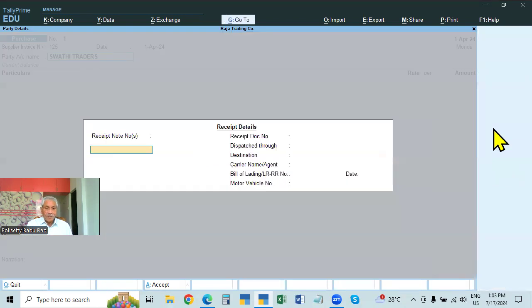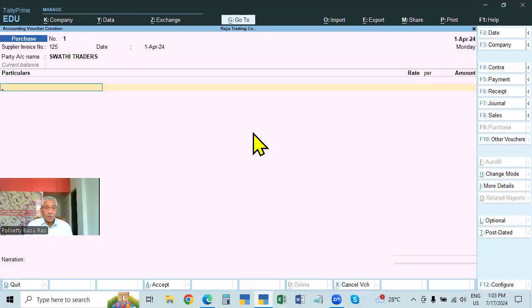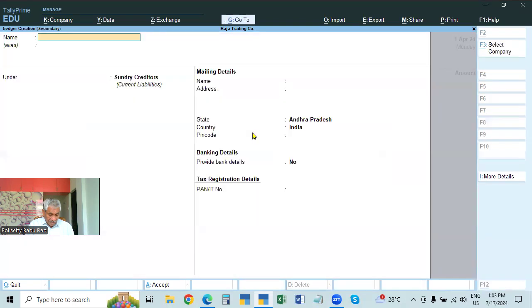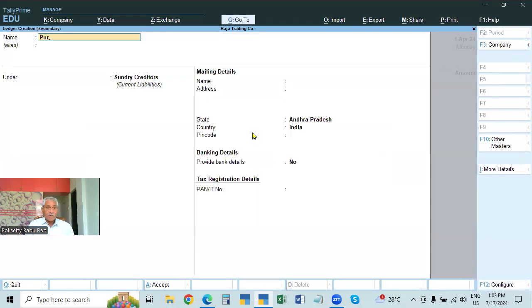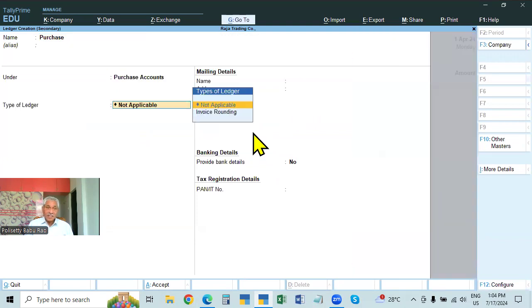Purchase ledger comes under purchase accounts. Purchases and purchase returns come under the purchase account group, and sales will come under the sales account group.